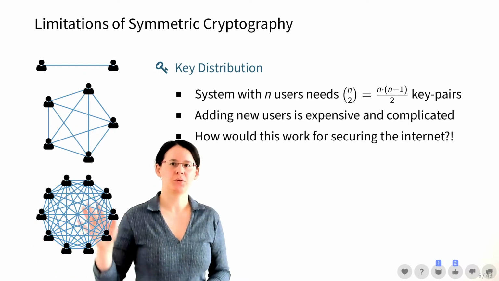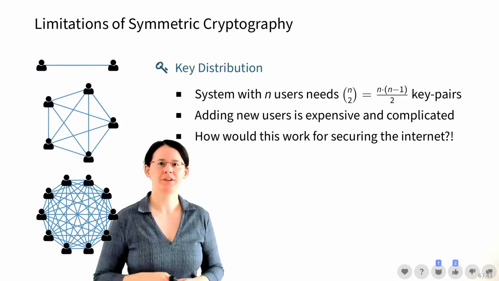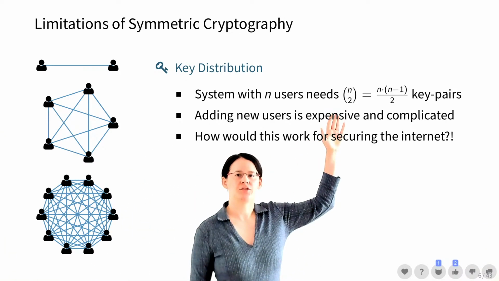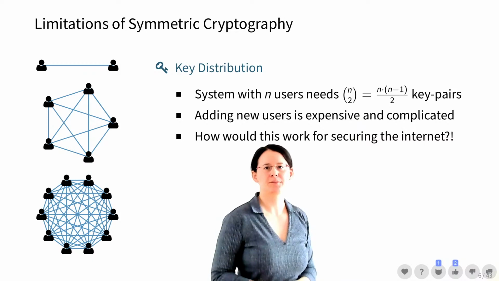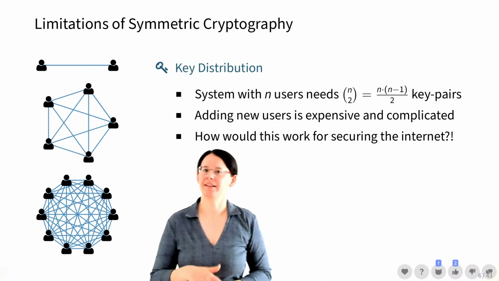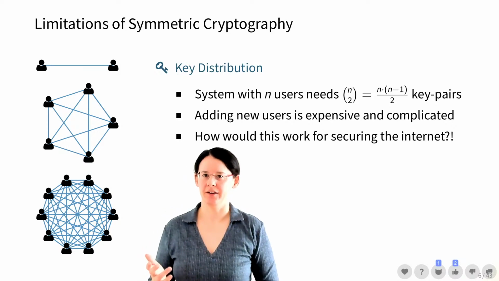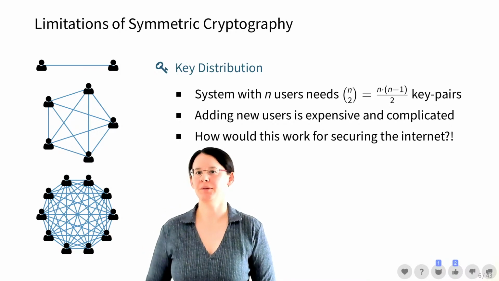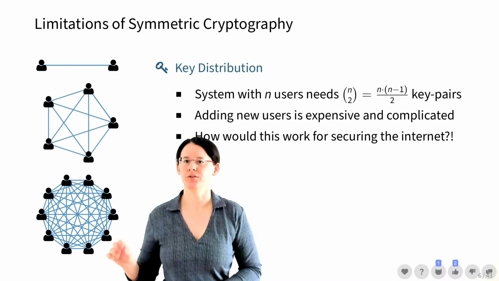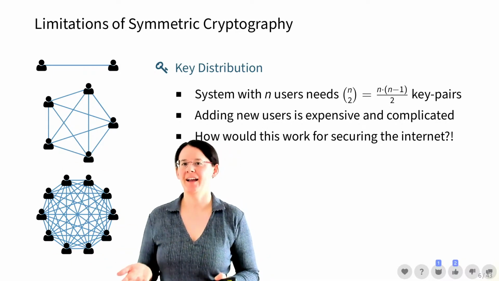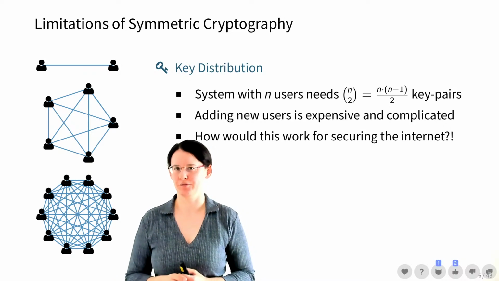For example, you have a network of n users and they all very often need to talk to each other. Then you need to exchange a total of n choose 2, so that's n times (n minus 1) divided by 2 key pairs, because each pairing needs their own key. In other words, every participant in the system also needs to remember one key for every other participant in the system and get to exchange this in the first place.